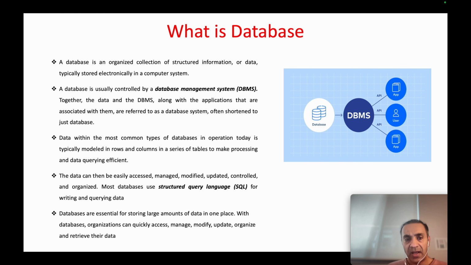And that all makes the data easy to access, manage, modify, update, control and organize. Most databases use structured query language called SQL that we use most of the time for our data analysis and data science tasks to extract data from the data storage.